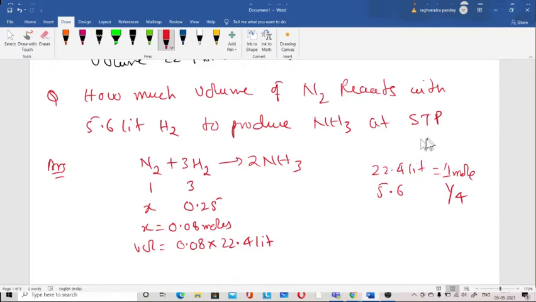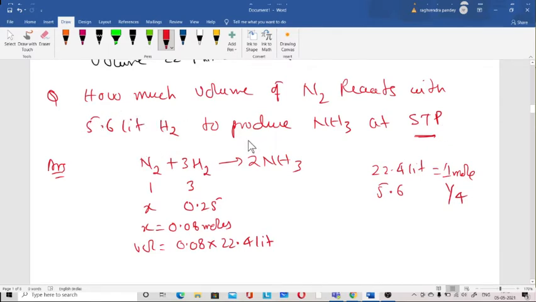But you have to see that the STP condition should be mentioned. If they mention some other temperature and pressure, then you have to use PV equals nRT. Suppose they have not written STP, they have written 200 Kelvin and 0.5 atmospheric pressure, then you have to calculate accordingly.